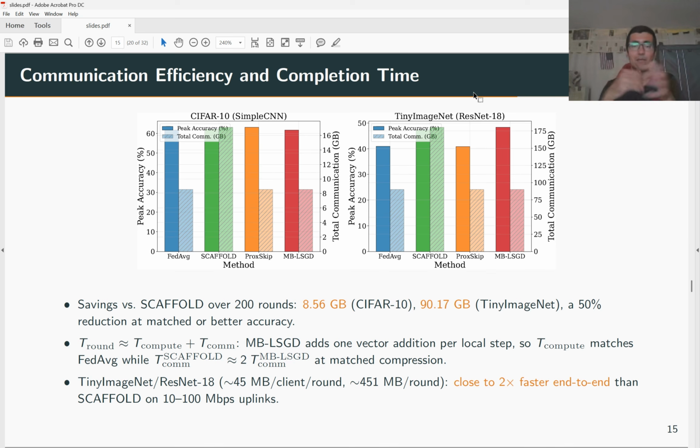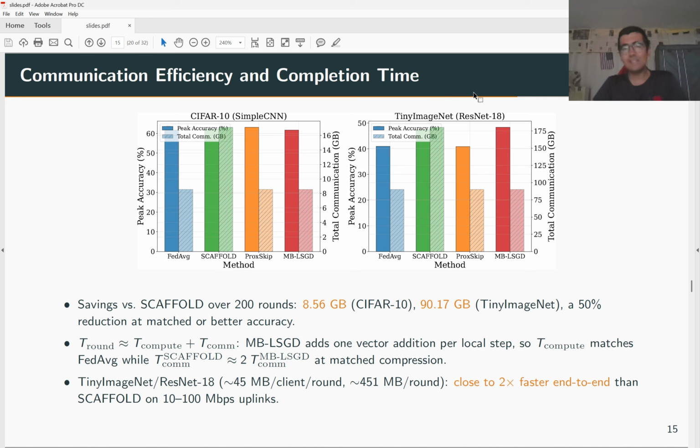Modeling round time as compute plus communication. Our corrected update adds literally one vector addition per local step. So compute time matches FedAvg, and at matched compression, Scaffold's communication time is roughly twice ours.